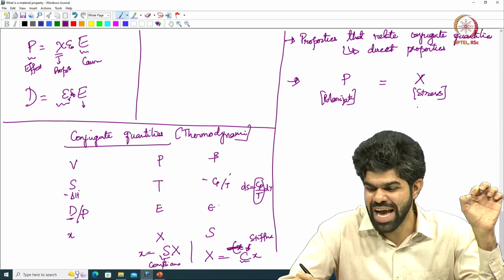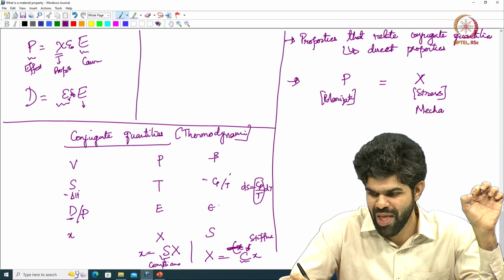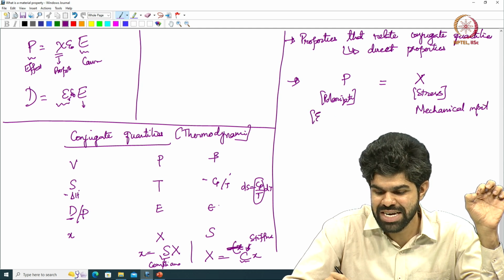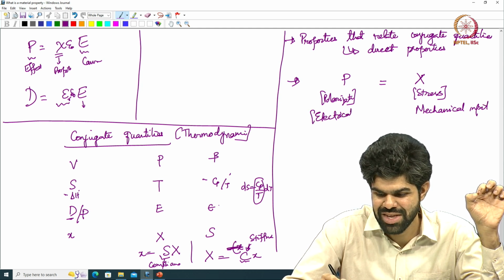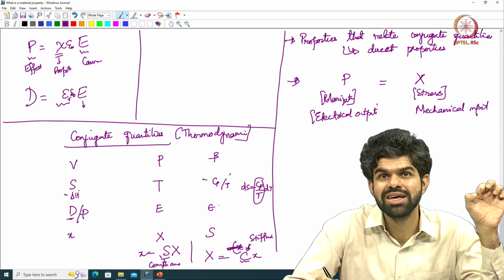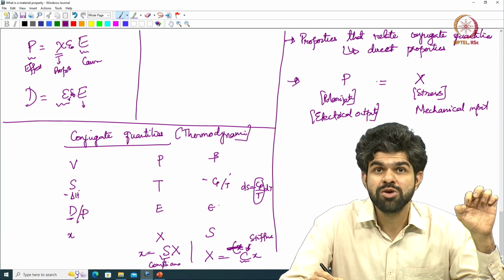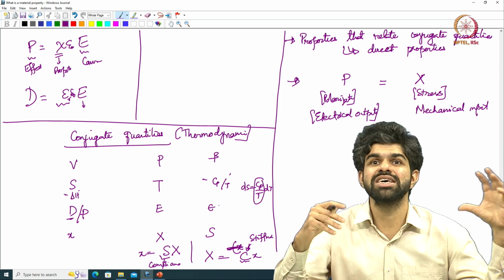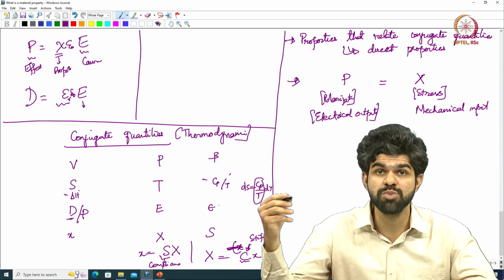So I am applying a mechanical input and obtaining an electrical output, right. So, the property that relates the stress and the polarization. If I apply stress, can I generate some polarization? It is possible, right.